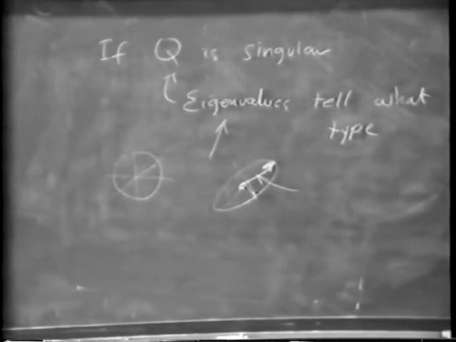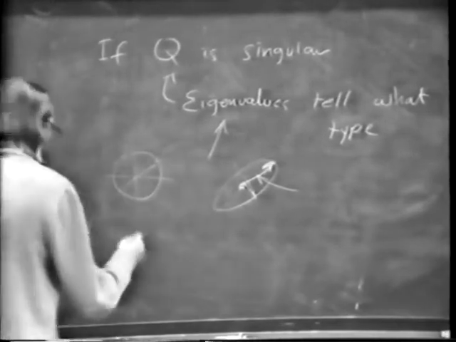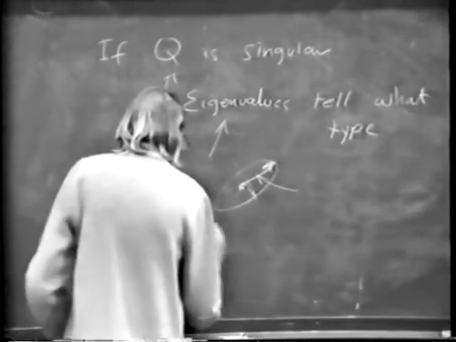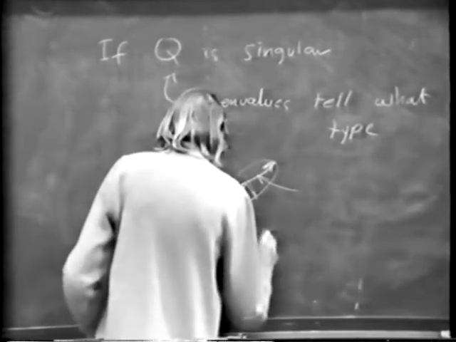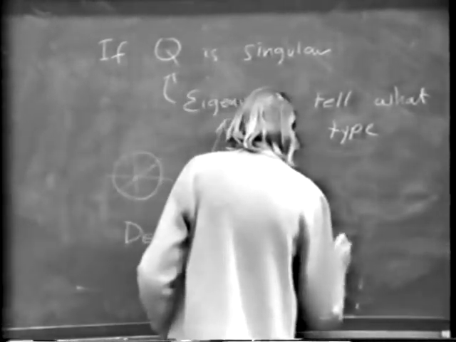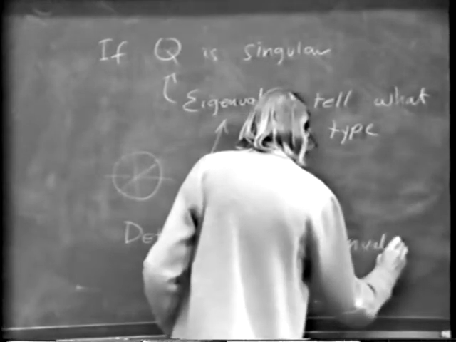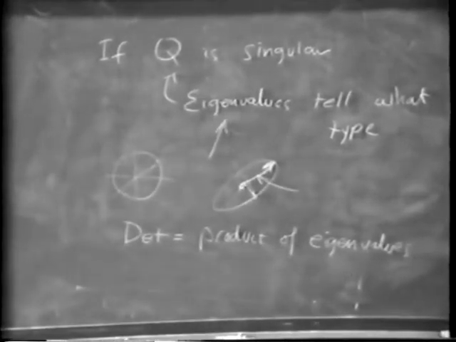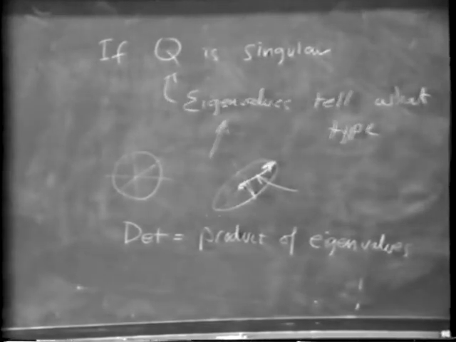The determinant tells you it's singular or not, but the eigenvalues kind of tell you how singular and kind of in what way. In addition, the determinant of the matrix always happens to be equal to the product of the eigenvalues. Now, this is just kind of telling you the punchlines of some linear algebra rather than deriving it, but it's kind of the practical information you need to know for the time being.